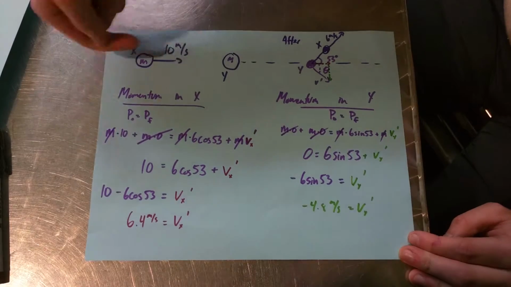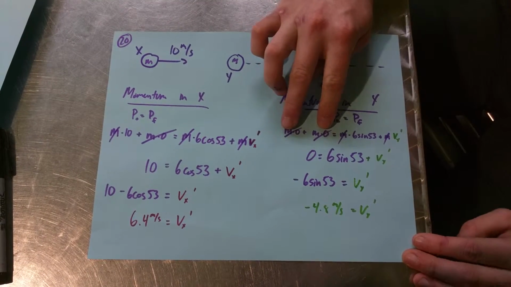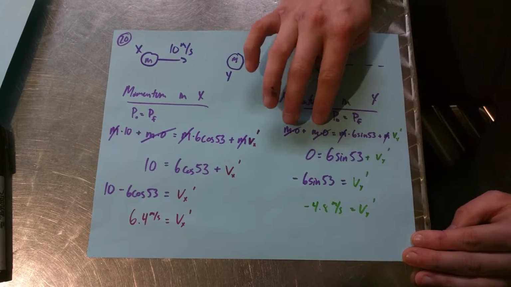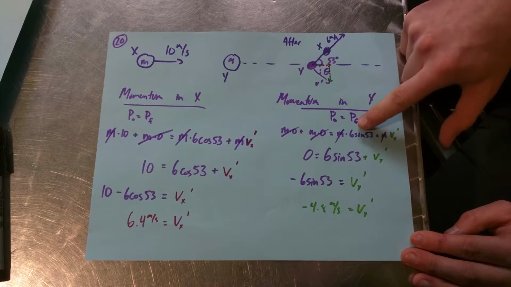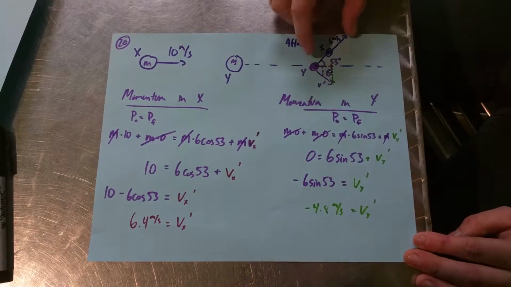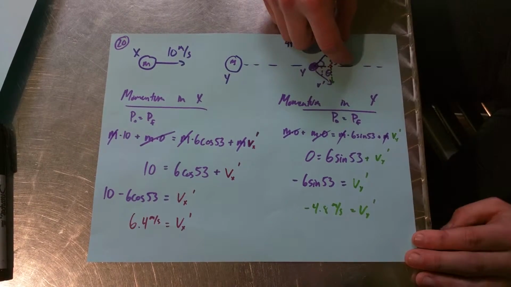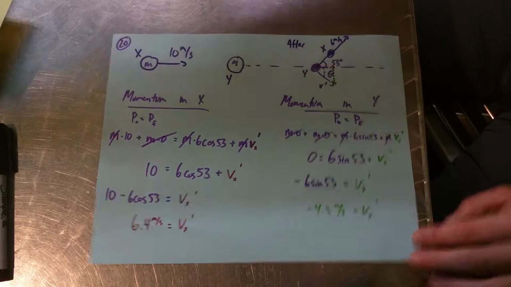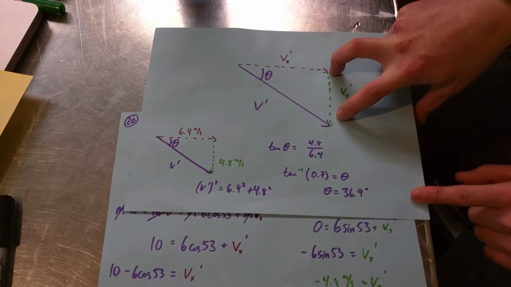Ball x is moving, but it's entirely in the x, so there's no y velocity to start, so m times 0 and m times 0 are the initial momentum in the y. And I set that equal to mass times velocity of ball x in the y direction, which is 6 times sine of 53 plus the mass times velocity in the y, this component.